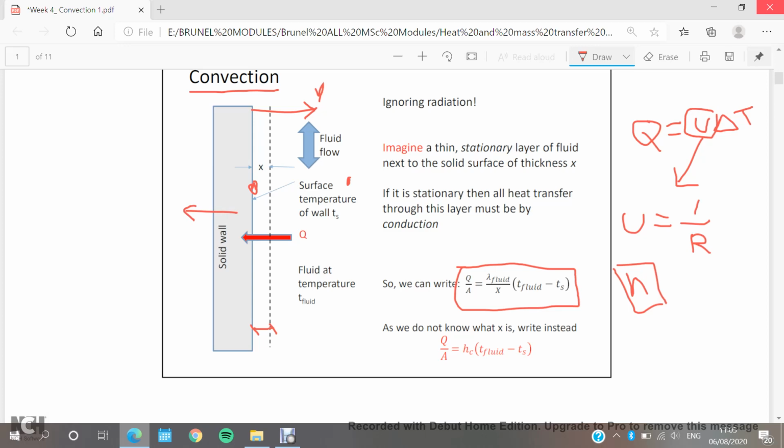So it will be by conduction as we mentioned here. So Q over A, which is called heat flux, equals lambda, the thermal conductivity of this fluid, air in our case, divided by x, the thickness of this stationary layer, times the temperature difference between the fluid and the surface.